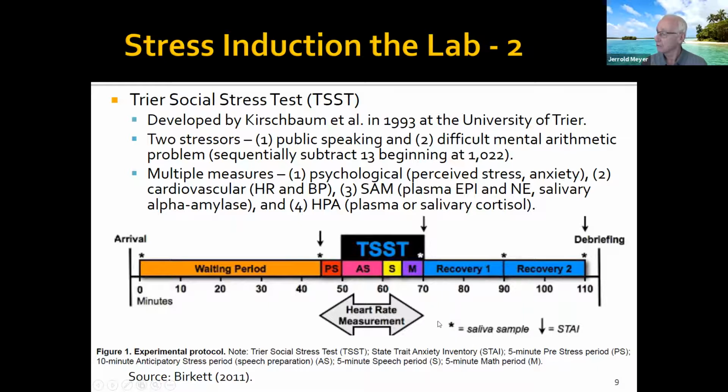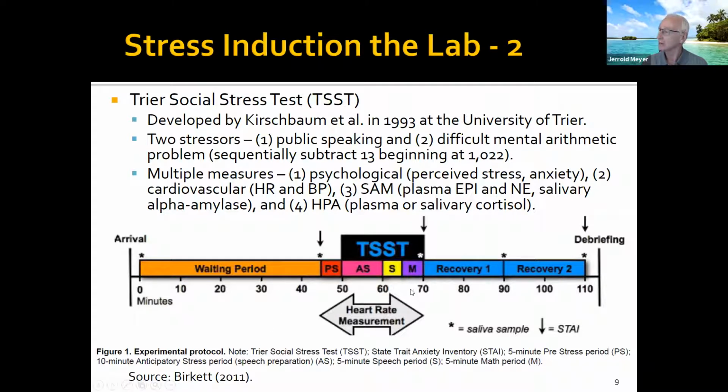For this paradigm, she has saliva samples collected on arrival in the lab, and here at the end of the waiting period, which is a baseline before the testing starts. Alternatively, you could put it over here. There's variation here. Then post-stress, and usually at least a couple of recovery samples to look at how rapidly your salivary cortisol is going down.